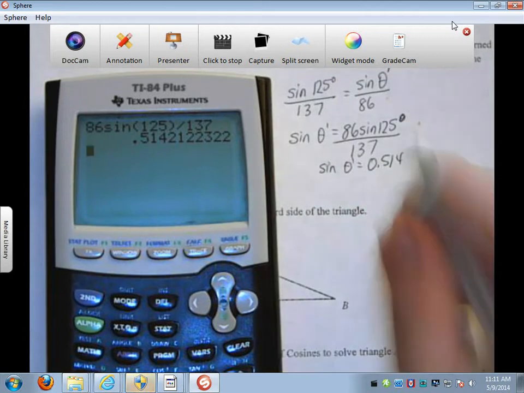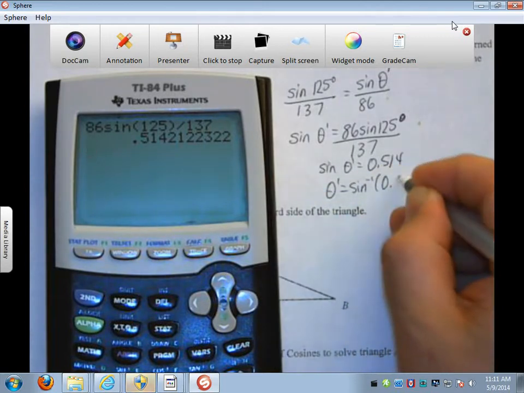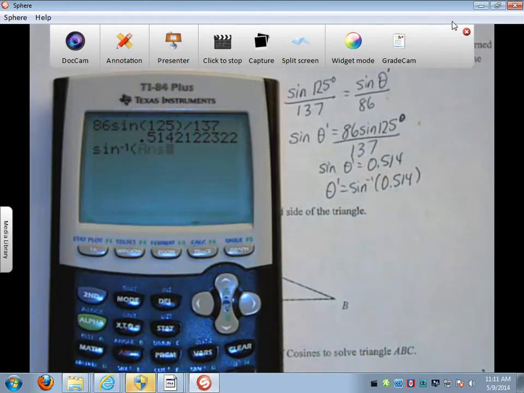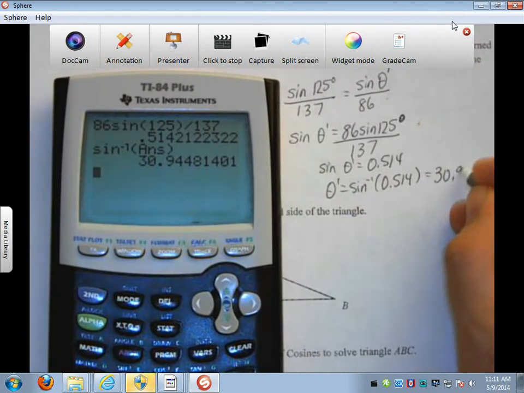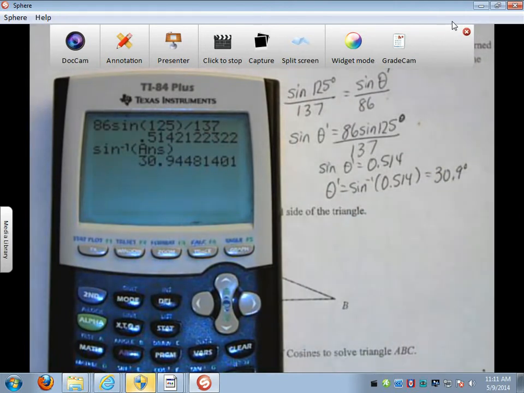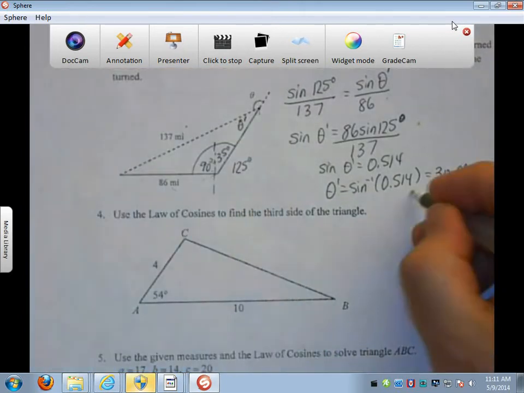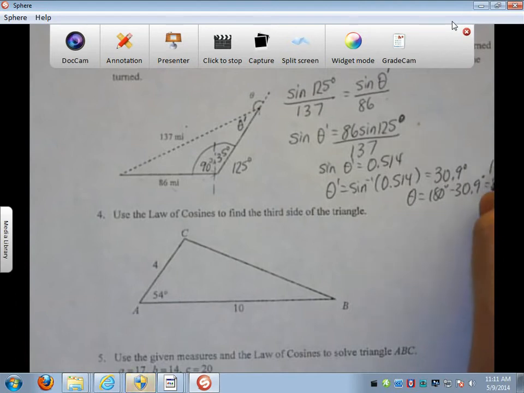So now we use the arc sine, and I get about 30.9 degrees. So the angle that we need to turn around is going to be equal to 180 minus 30.9 degrees. So 149.1.